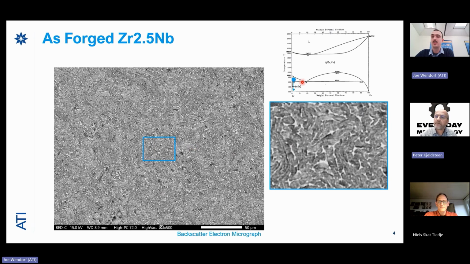The reason we forge it at this temperature is to form this fine in situ recrystallization, you could call it. When the ingot is melted, which we have to do under vacuum because zirconium is a very reactive element, it's called vacuum arc remelting, VAR.